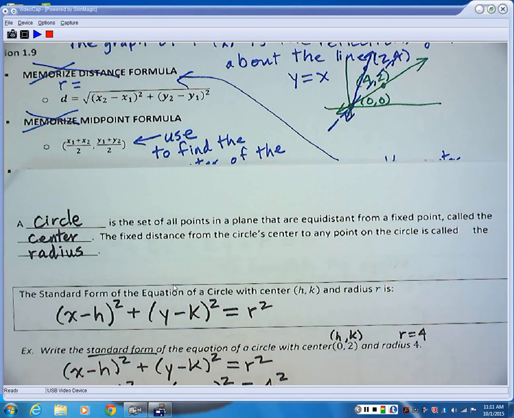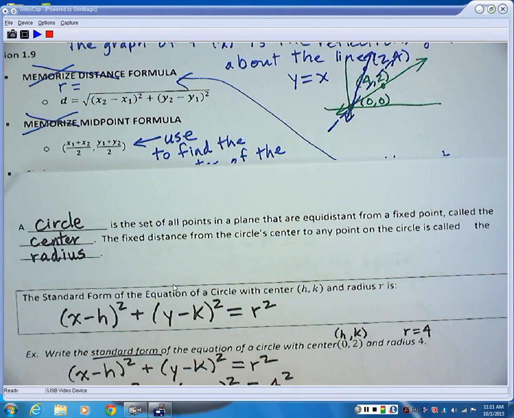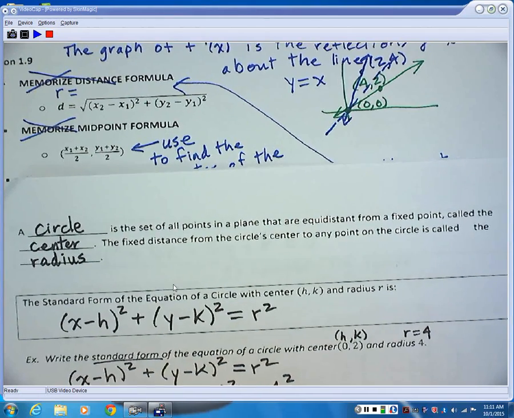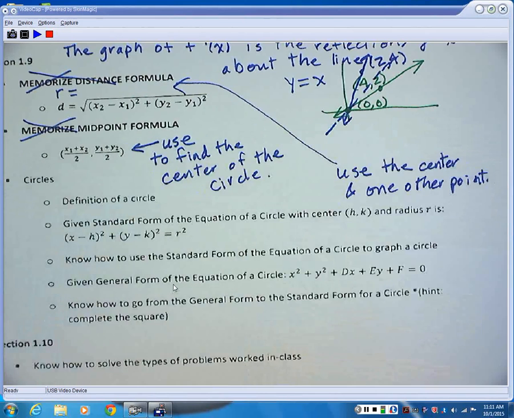These definitions, look over your definitions for the first page, especially the ones that were in the notes. Okay. That's the definition of a circle. So, it's in your notes in 1.9.